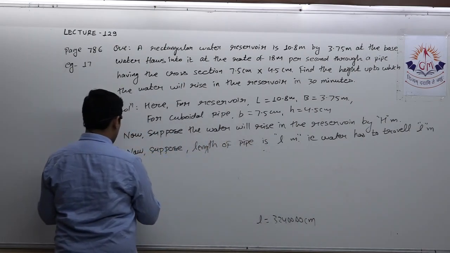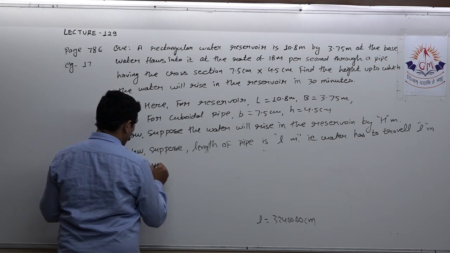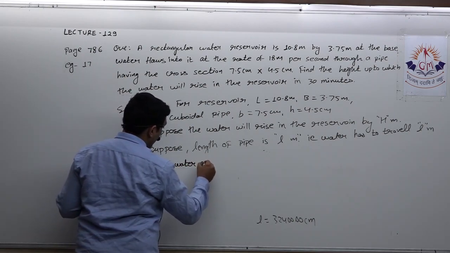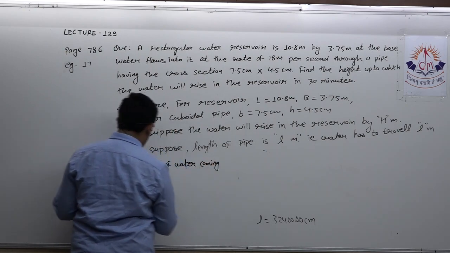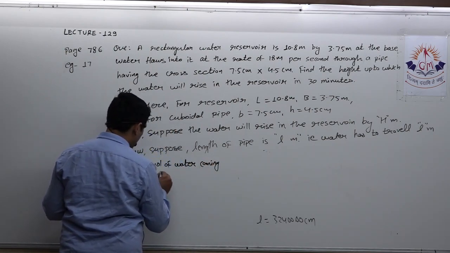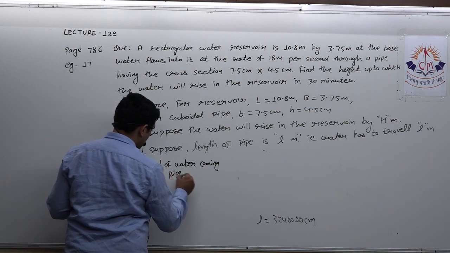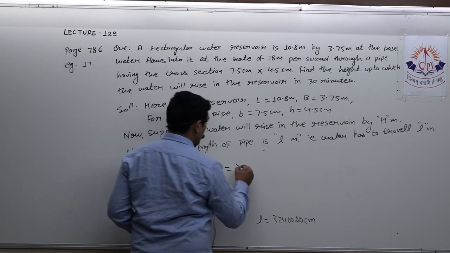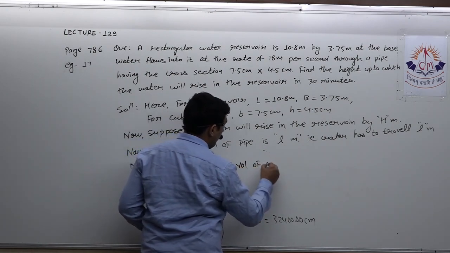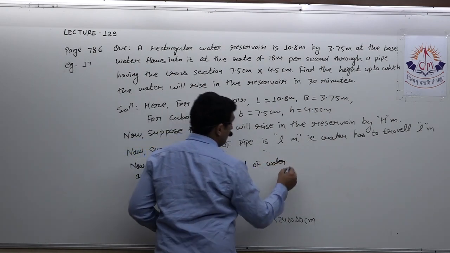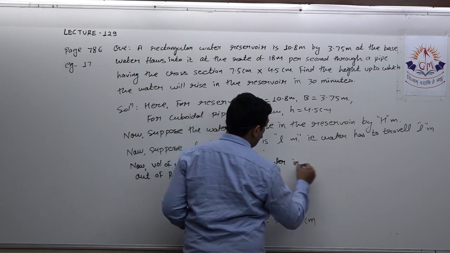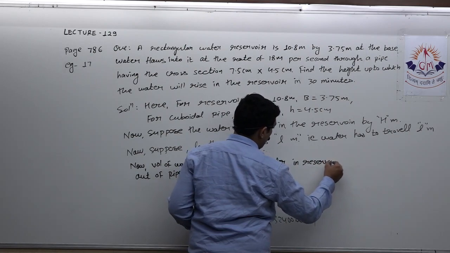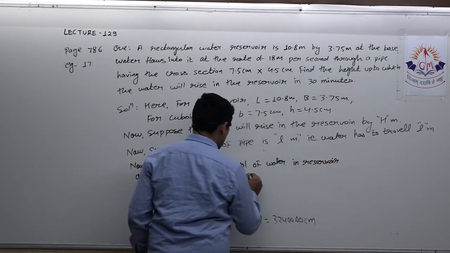Now, the volume of water coming out of the pipe in 30 minutes is equal to the volume of water in the reservoir in 30 minutes.